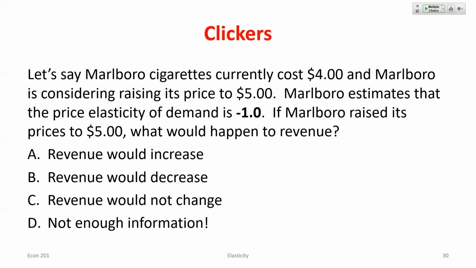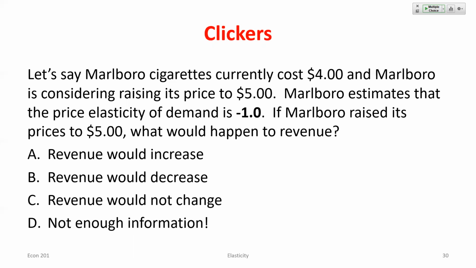And through some of the numerical examples that we worked through, we saw that if I make infinitesimal changes in price from that point, the percent change in price will be exactly the same as the percent change in quantity demanded. So they're always going to cancel each other out, and total revenue is actually going to stay exactly the same, right?